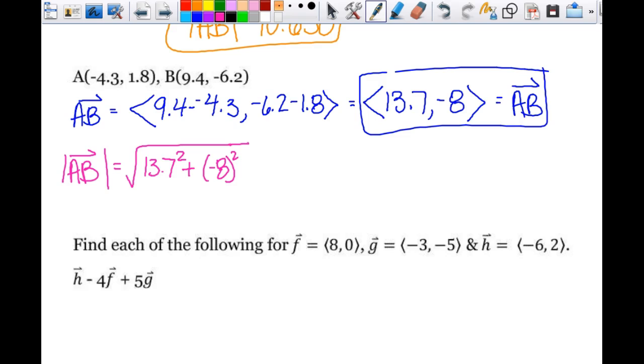You know it's going to be squared and be positive, so if you type the negative in wrong, which sometimes happens with parentheses, you're likely to get the wrong answer. So even though I say a lot of times you don't want to do a whole lot of work as you're doing it so that it just does it for you, that might be one thing that would actually help you not get the wrong answer. So what do we get here? Good. 15.865, and that is the magnitude of AB.